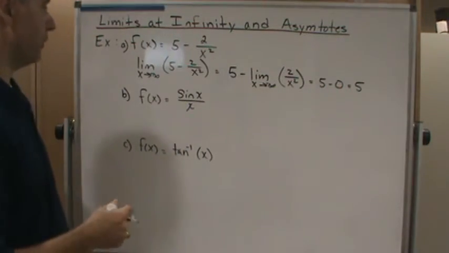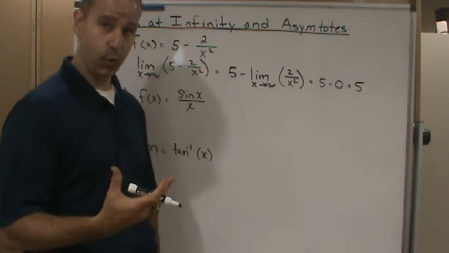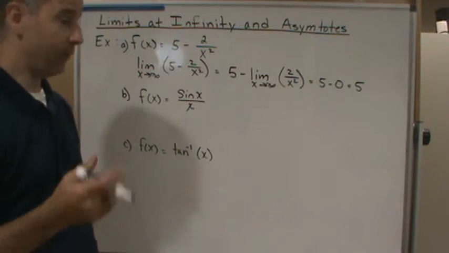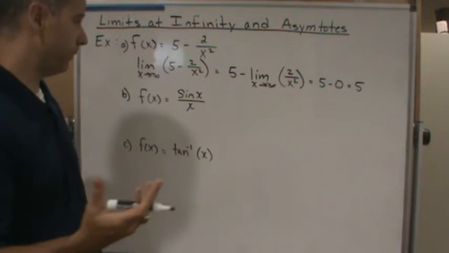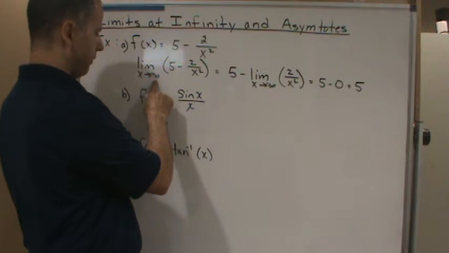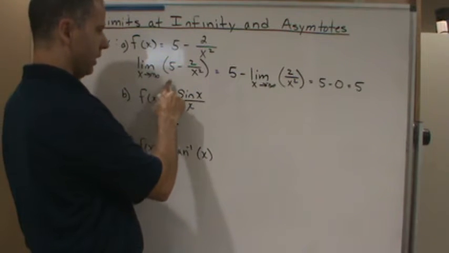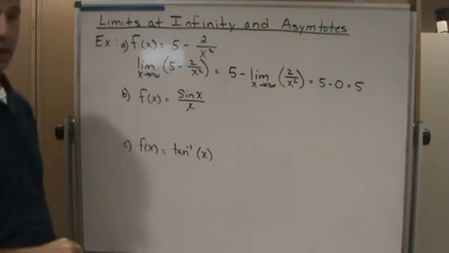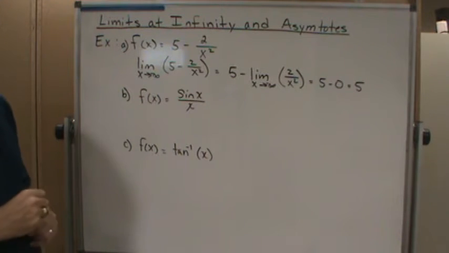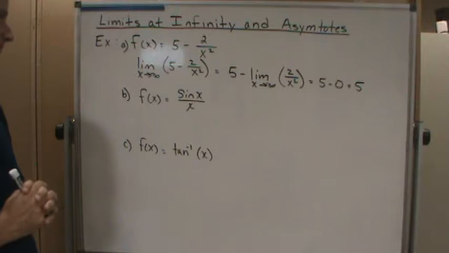So what this is telling you is that you have one horizontal asymptote at y equals 5, and the graph of the function is heading towards the asymptote y equals 5 in both the negative direction and the positive direction.